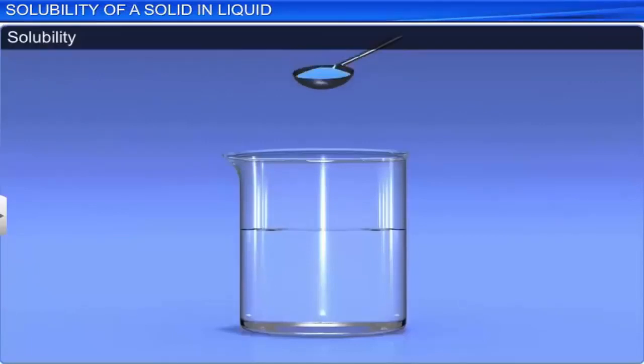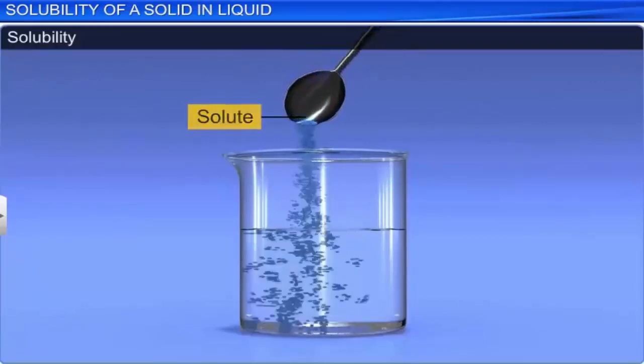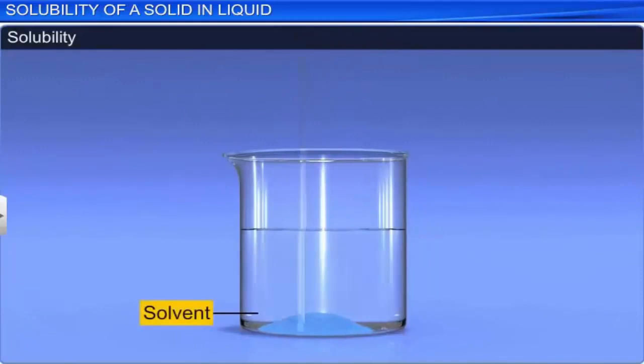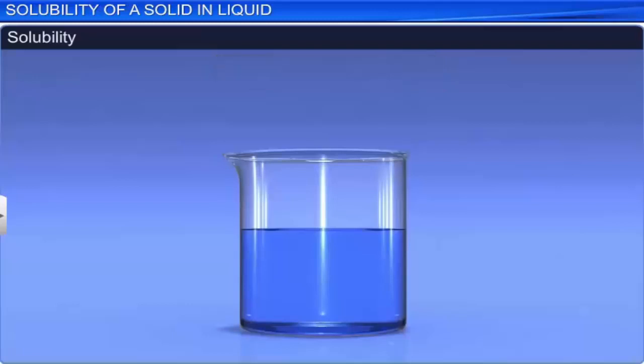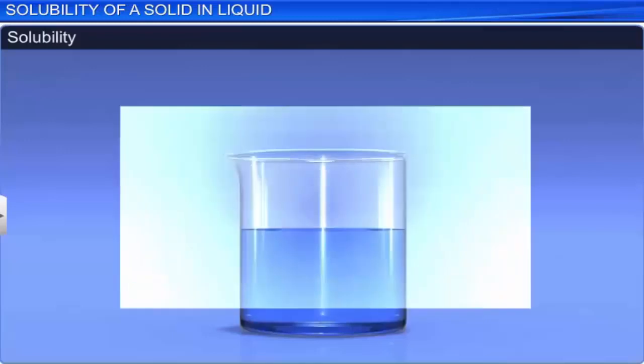Solubility is the property of a solute to dissolve in a solvent to form a homogeneous solution. Solubility is defined as the maximum amount of solute that can be dissolved in a specified amount of solvent at a specific temperature. Solubility is the result of an interaction between particles of the solute and solvent.